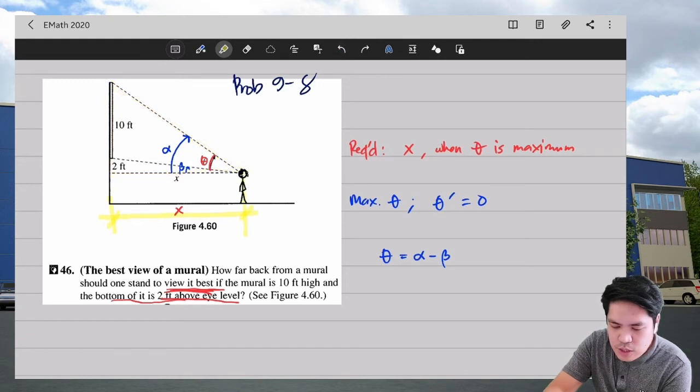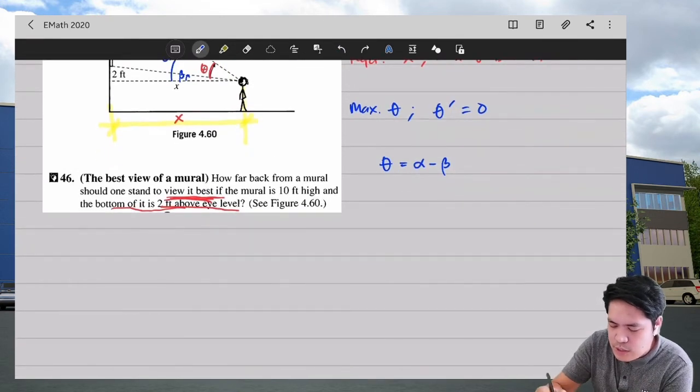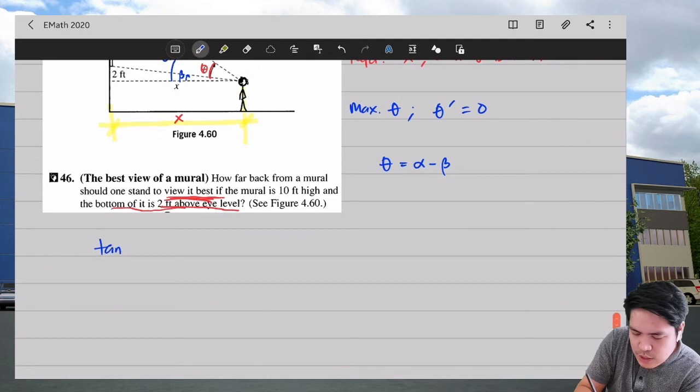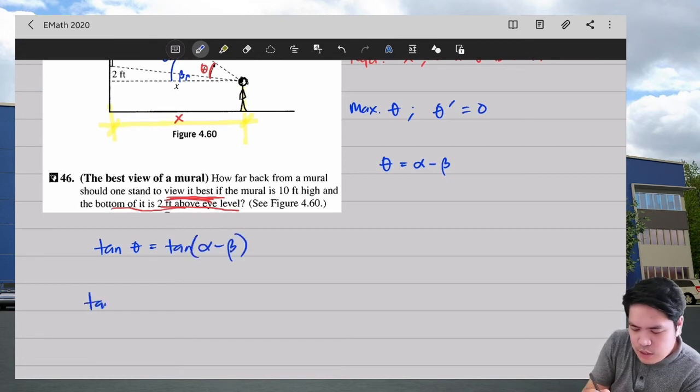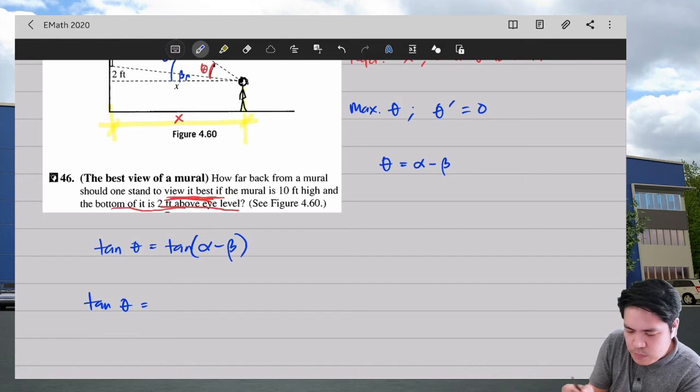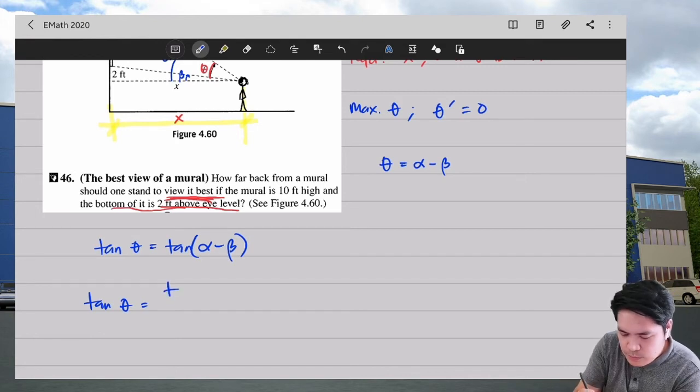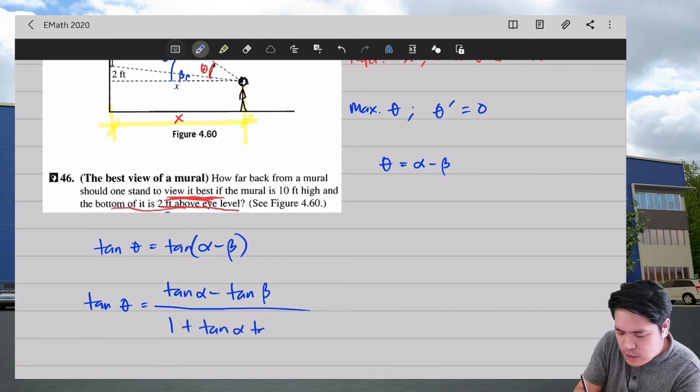If you apply tangent to both sides, that will give us tangent of theta is equal to tangent of alpha minus beta. Okay? And we know that from the difference of two angles, this is tangent alpha minus tangent beta over 1 plus tangent alpha tangent beta.